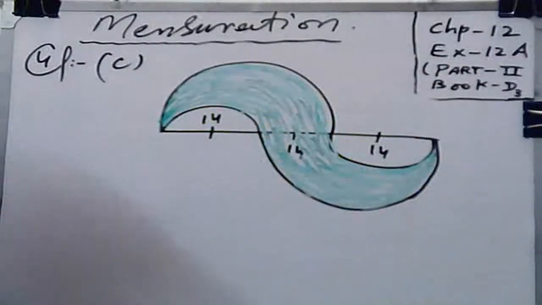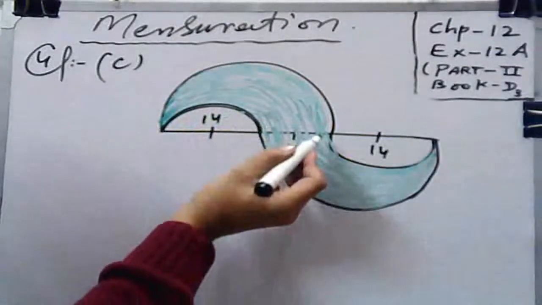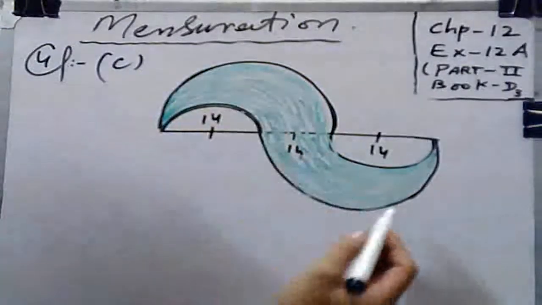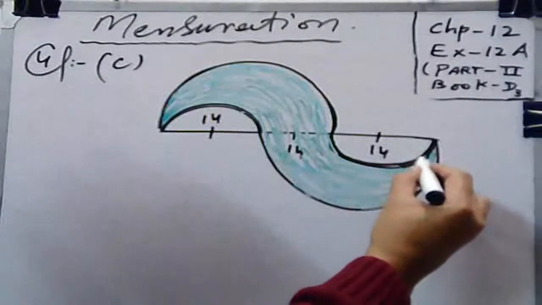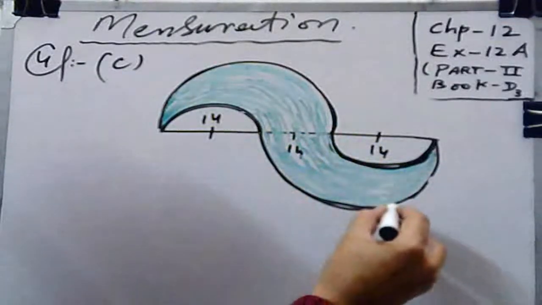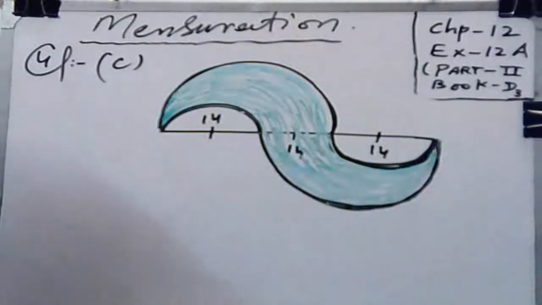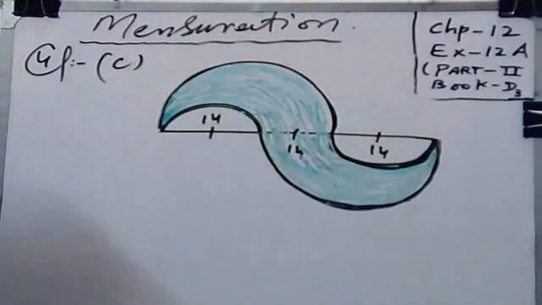Now in this diagram it is very much clear that we have a semicircle, this one, and we have another big semicircle, this one. Similarly we have a small semicircle, this one, that is below, and below is big one, that is your another big semicircle. So we should try our best to solve clearly.